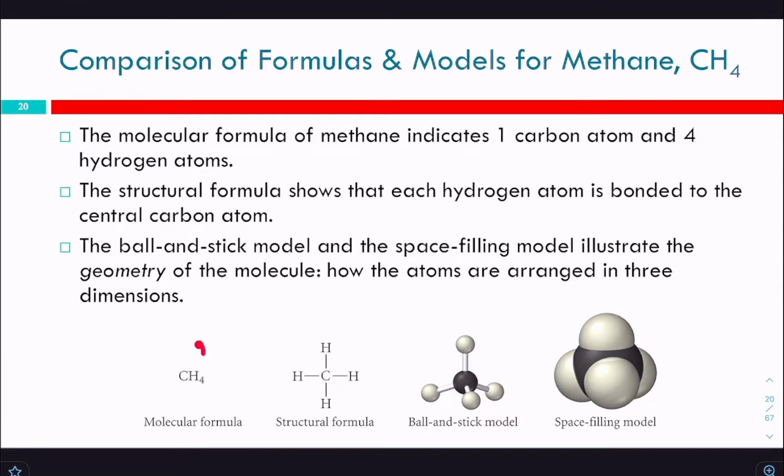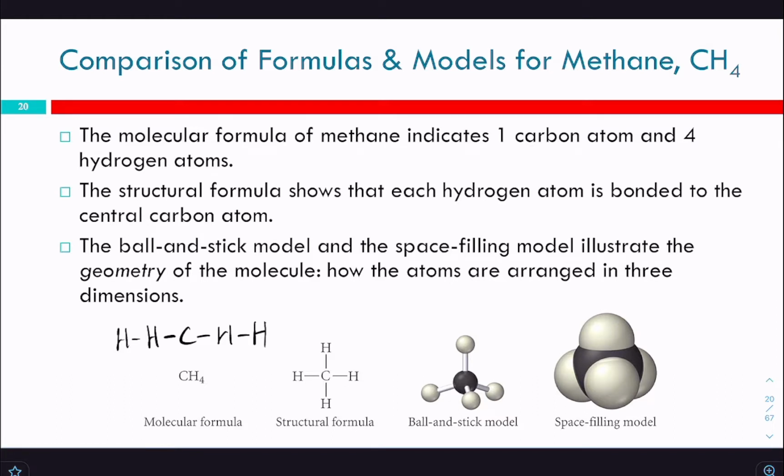So here's a molecular formula for methane. It just tells us that there's 1 carbon and 4 hydrogens. The structural formula shows us that all of the hydrogens are connected to the carbon in the middle. So you wouldn't write this as H, C, H, H, which would be another theoretical way that you could combine those.